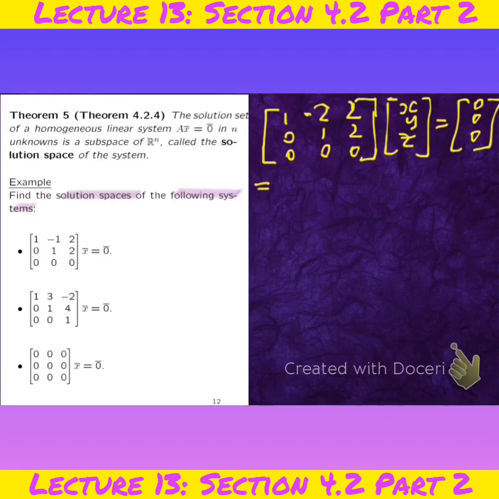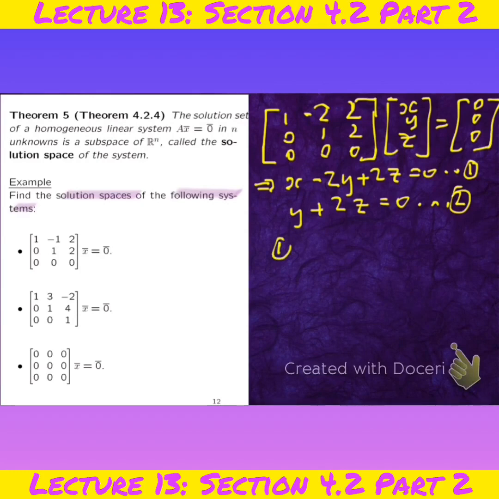Right, so that implies then that x minus 2y plus 2z is equal to 0, and basically y plus 2z is equal to 0. Okay, and that's my first equation, and that's my second equation. So what we can do is take 1 and subtract 2 from that.